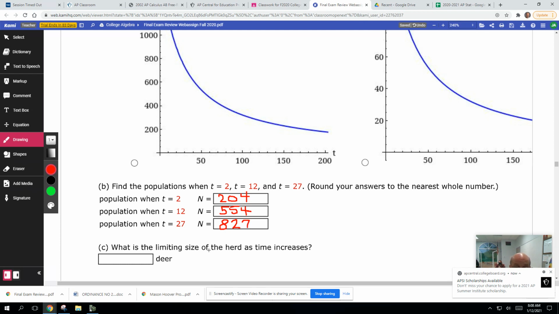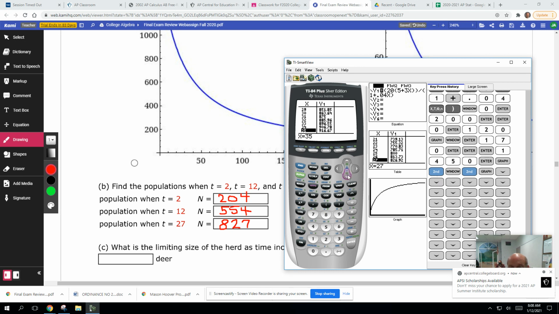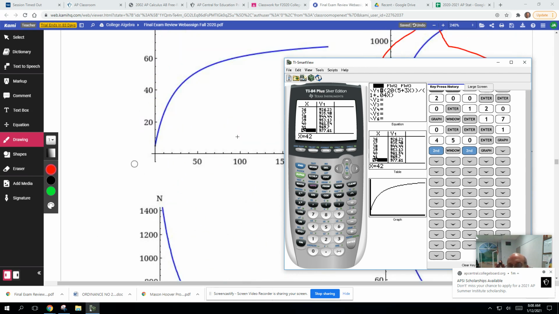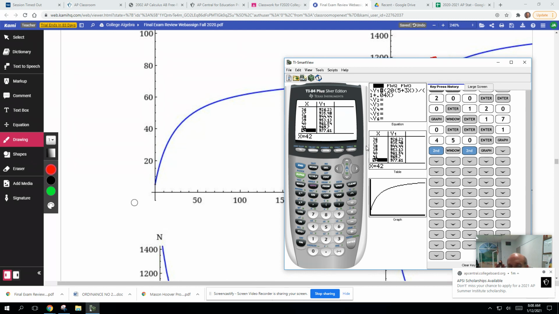Now it says, what is the limiting size of the deer herd as time increases? Well, we can kind of figure that out if we just keep going down here. If you notice on the graph, it kind of leveled off. It never gets flat, but it gets lower and lower. So we're going to go and see. We should come to a point. You could trace the graph also and watch the y values.